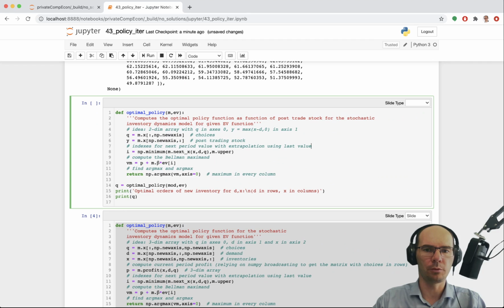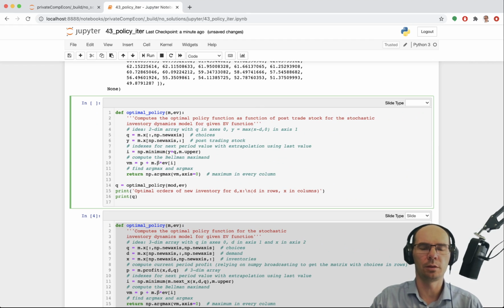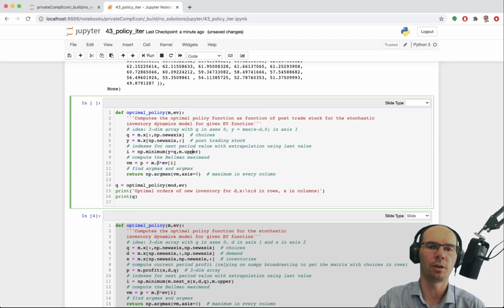Index the next period value. This is important. So next period value will have to enter into the maximum equation. And what's the next period value? Well, if we have y and q, we know that the x prime is just y plus q. And this is going to be a matrix now. But we have to replace the values which are too large with the upper bound.